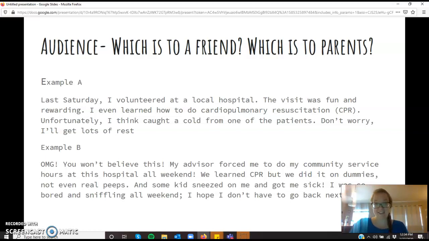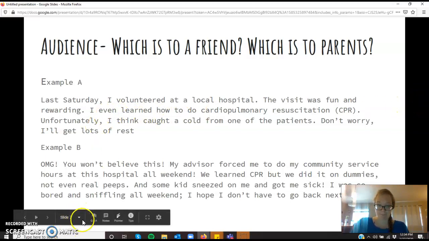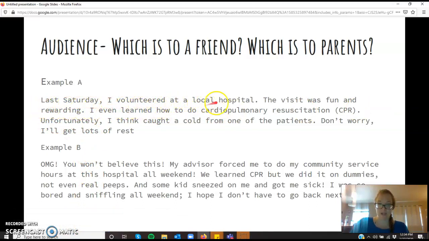So, if you guessed that example A was written to parents and example B was written to a friend, you are correct. So, there are a couple things in these examples that can help you understand tone in this way. If you notice in example A, you've got full sentences, right? "Last Saturday, I volunteered at a local hospital, period. The visit was fun and rewarding, period." Whereas when you look at example B, you've got sentence fragments like "OMG."